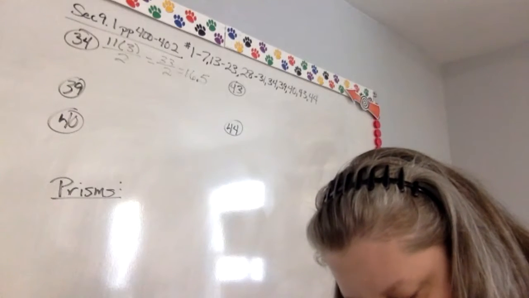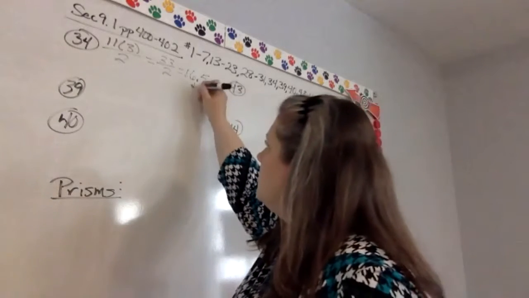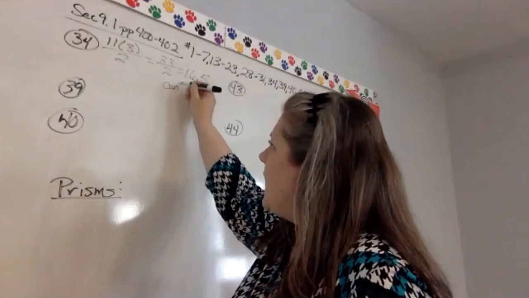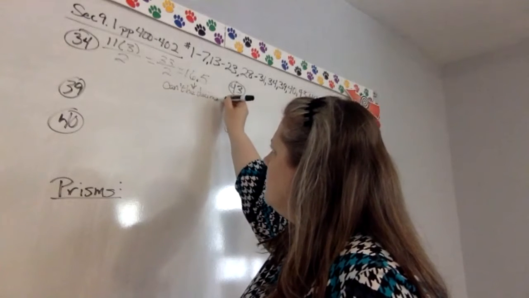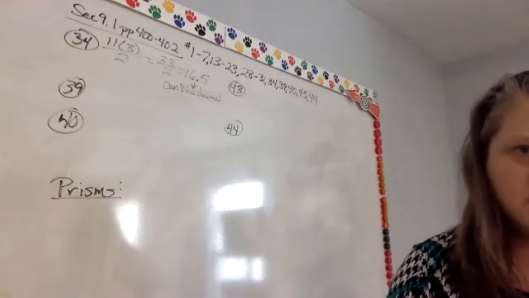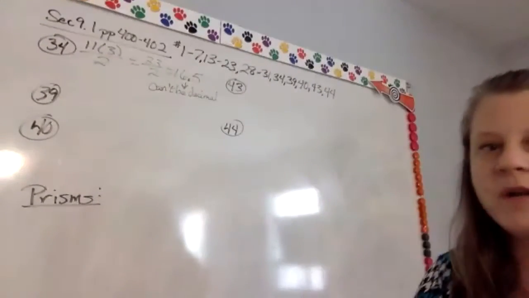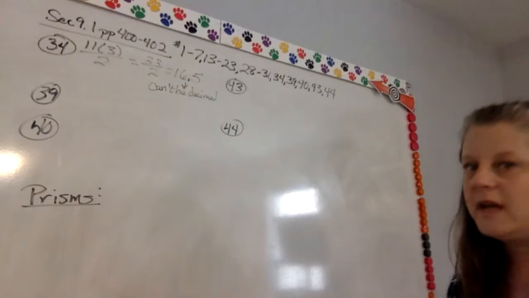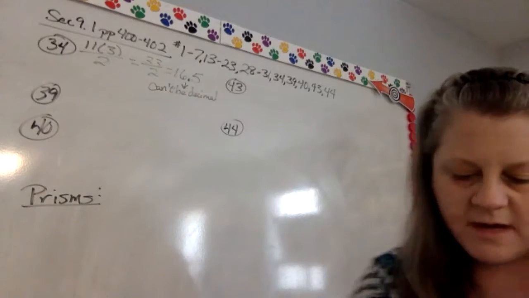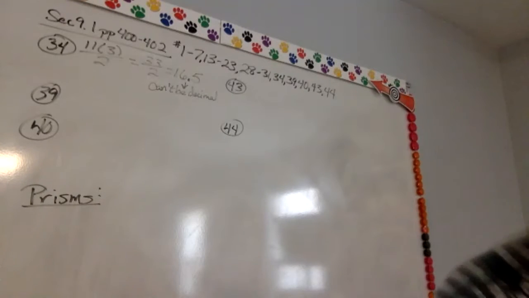So that's why this right here can't be a decimal. You can't have part of an edge. It has to be an integer, a whole number. It can't have a decimal on it. Okay, so that's all we had to do for number 34. That was pretty easy.